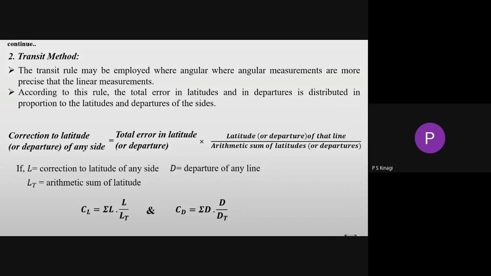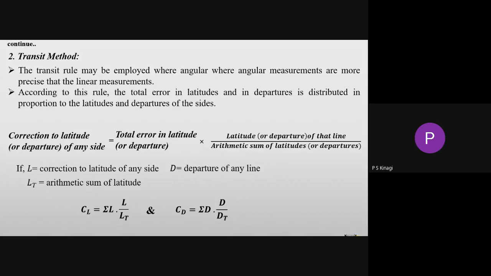So directly I am coming to the formula of this transit method. These are the respective formulas related to latitude and departure. Summation of L means the total latitude, written here as capital L, and with respect to latitude you have to enter the values. LT is the total arithmetic sum of the latitudes. This is the algebraic sum of the latitudes, and this one is the arithmetic sum.